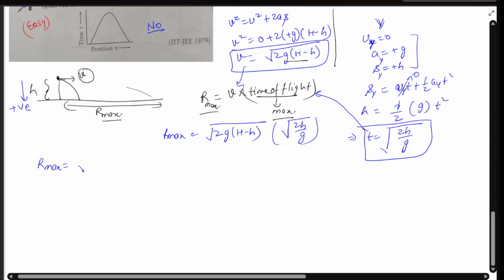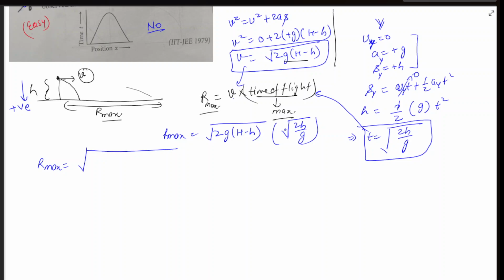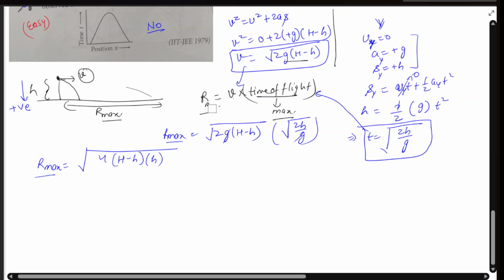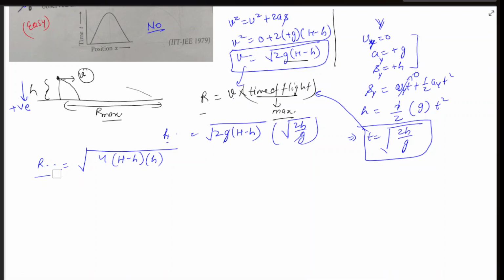R max will be root 2 times 2, and from g we can cancel it out. It turns out to be root of h(H minus h), right? Now we need R. Okay, so this is just R, right?